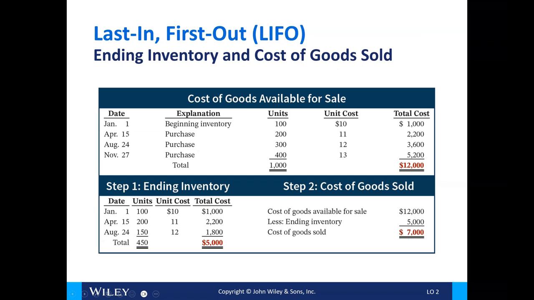And so we got 100 times 10, 200 times 11, 150, half of these times 12. And so our ending inventory is 5,000. So the cost of goods sold is cost of goods available for sale, 12,000, minus ending inventory of 5,000. So our cost of goods sold is 7,000.